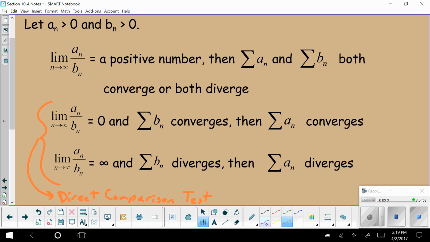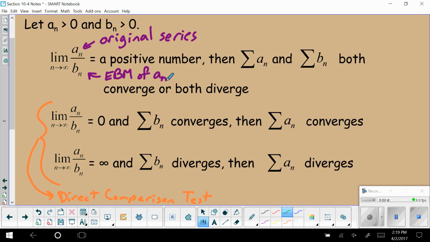Now, the thing that's lovely is if a sub n is our original series, the way we usually choose b sub n is we choose it to be the end behavior model of a sub n, which gives us a nice strategy for choosing our series.